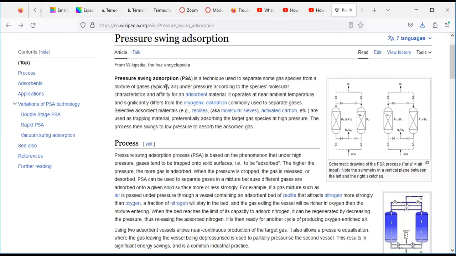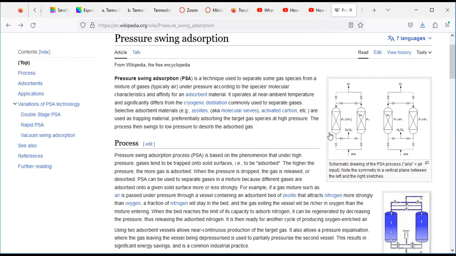Pressure swing absorption is a technique used to separate some gas species from a mixture of gases, typically air, under pressure according to the species' molecular characteristics and affinity for an absorbent material. It operates at near ambient temperature and significantly differs from cryogenic distillation, commonly used to separate gases.